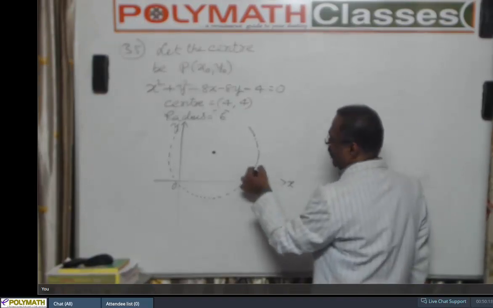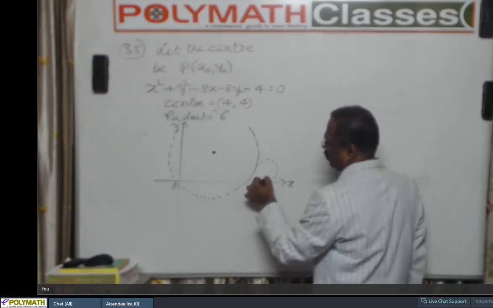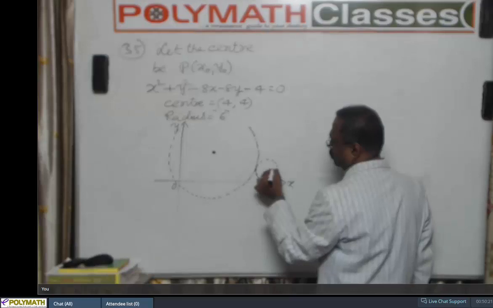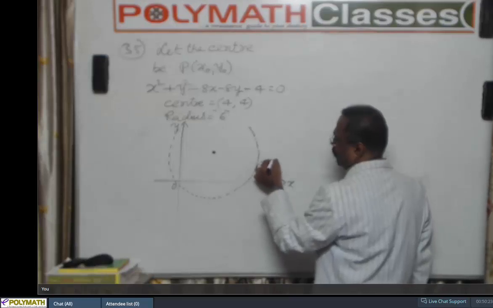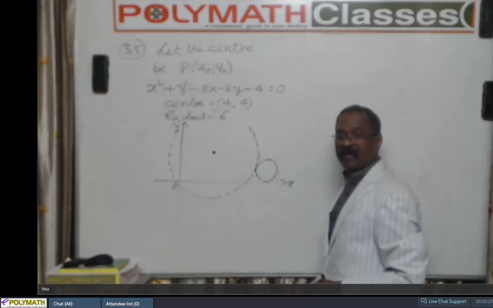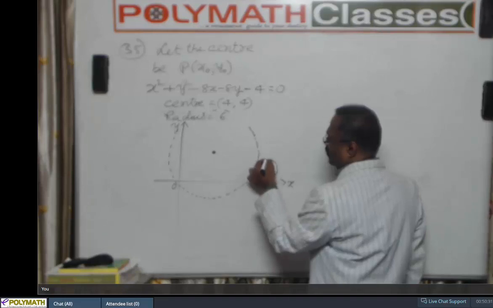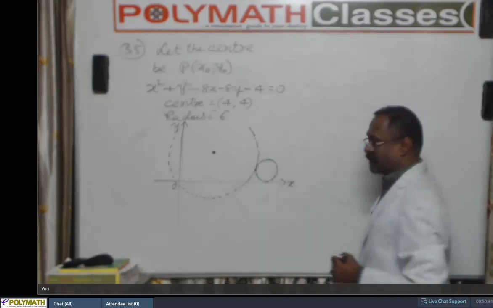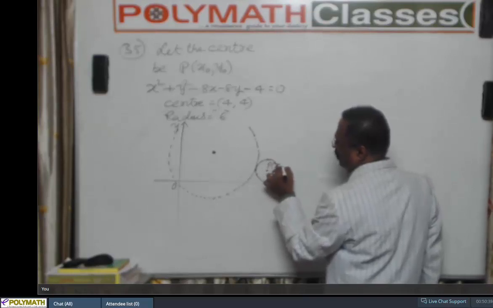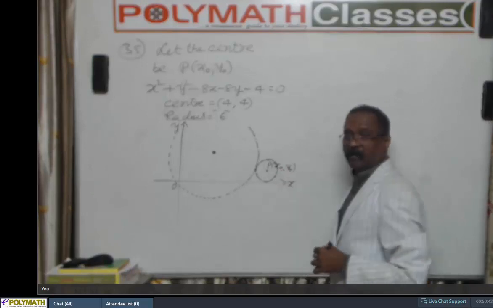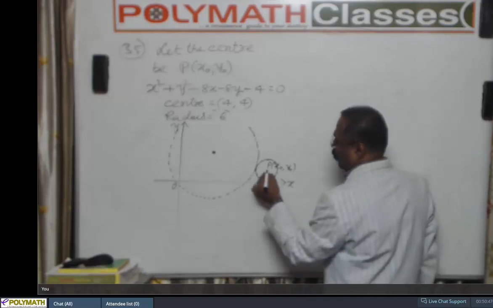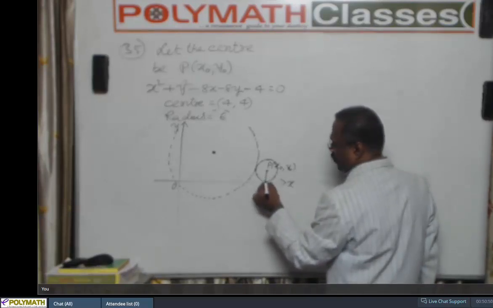So one of the circles of the required set may be like this, touching the x-axis. When the circle touches the x-axis, don't forget that we have taken the center as (x₀, y₀). Because it is touching the x-axis, the y-coordinate of the center becomes its radius.